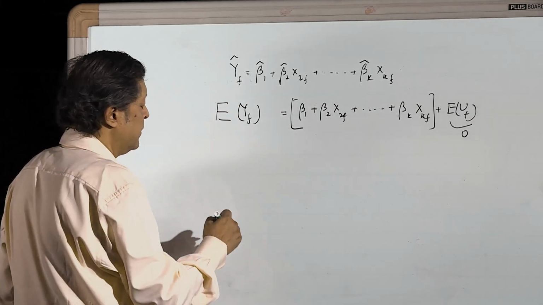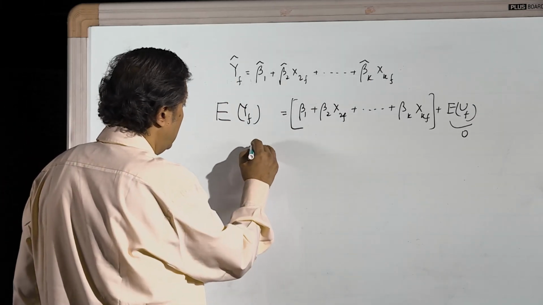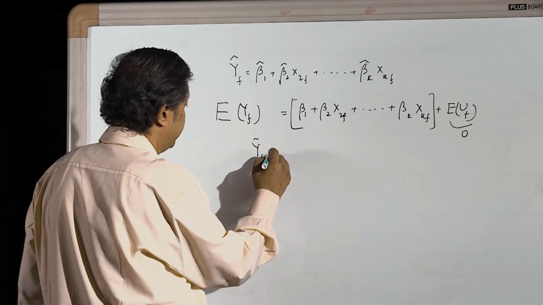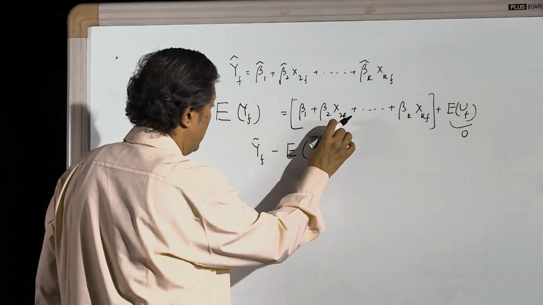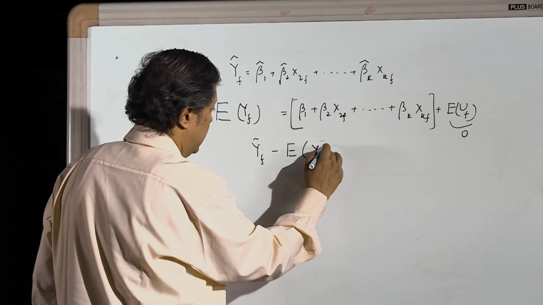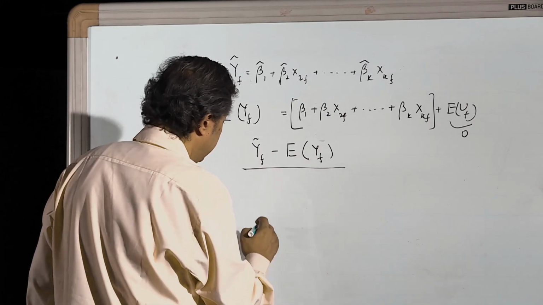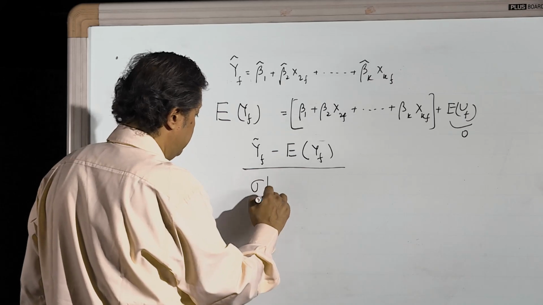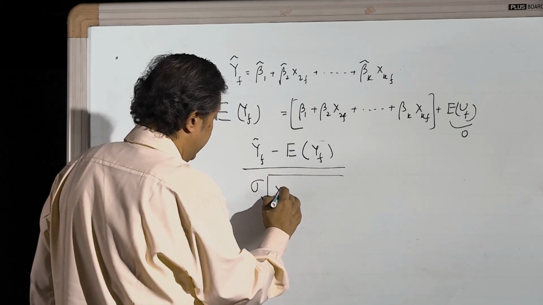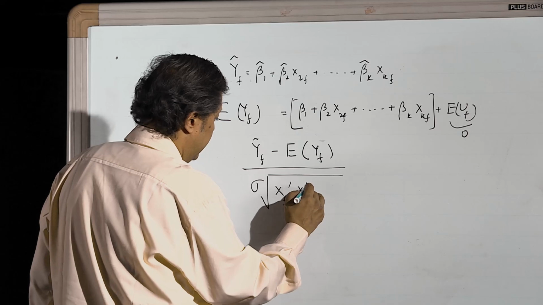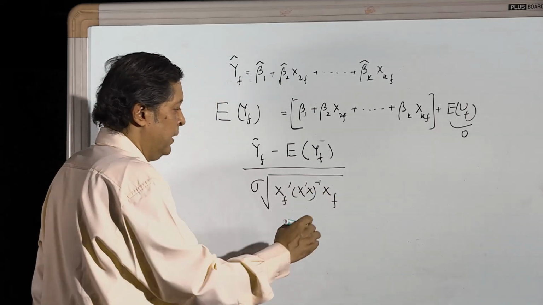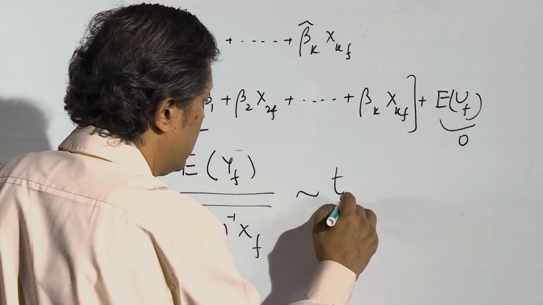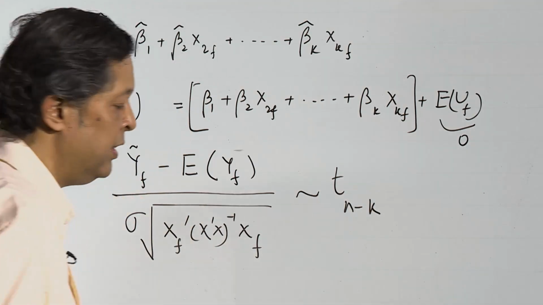So, this gives us a very interesting result, that y hat f minus the expectation of yf, divided by sigma times the root of x f prime x prime x inverse x f, follows a t distribution with n minus k degrees of freedom.